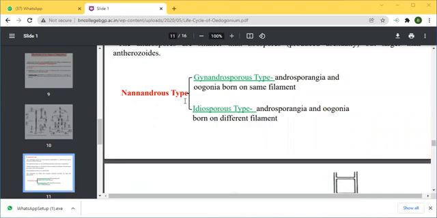Oogonia means the female reproductive organ. Both born on the same filament is called the Gynandrosporous type. Idioandrosporous means different: androsporangia, male, and Oogonia, female, both born on different filaments. That is called Idioandrosporous.